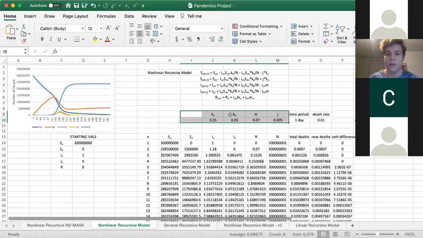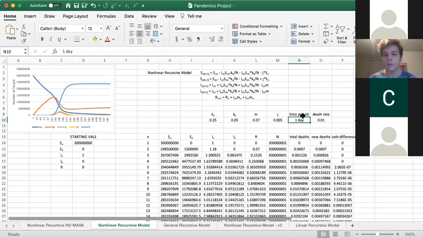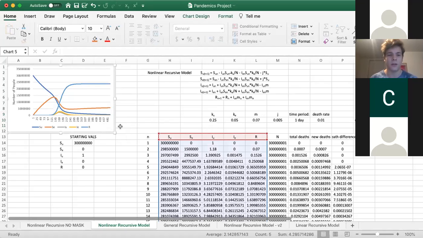These parameters correspond to a time period of 1 day, as you can see here. And they also correspond to approximately 3.5 people infected for each uneducated infected individual, and 0.7 people infected for each educated individual. And then you can see the results of this model in the selected graph.